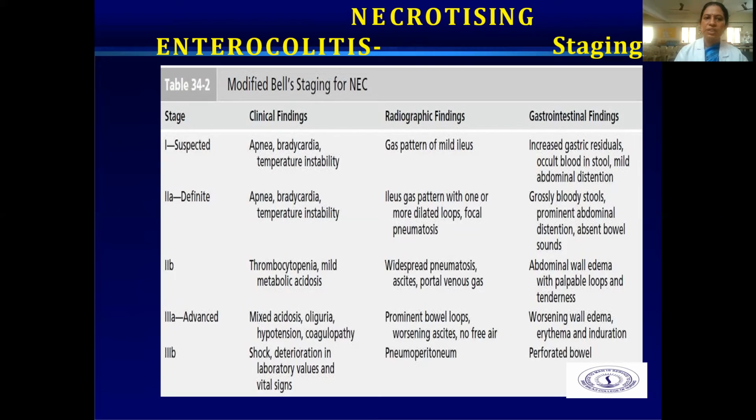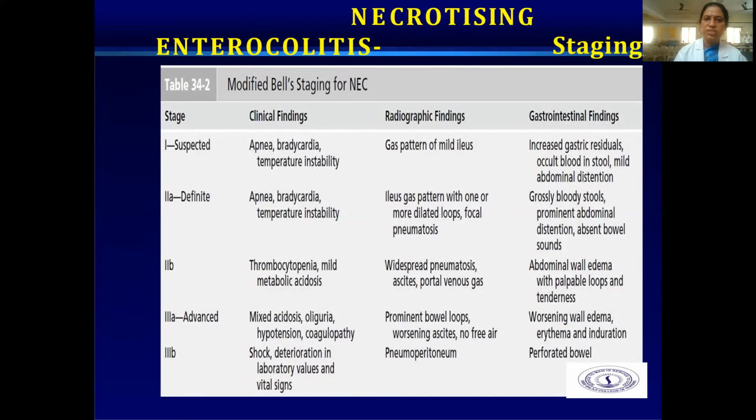Then stage 2B clinical findings, thrombocytopenia, mild metabolic acidosis, radiographic findings, widespread pneumatosis, ascites, and portal venous gas. Gastrointestinal finding, abdominal wall edema with palpable loops and tenderness.